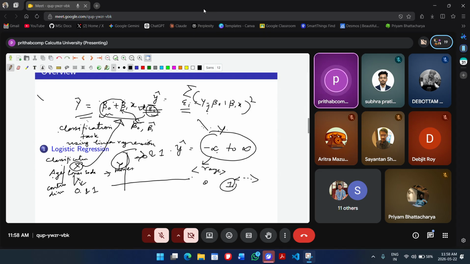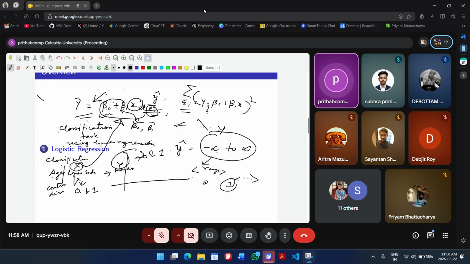This type of thing depends a lot on the data. If the range of the data is very small, then probably you can use linear regression for a classification problem.